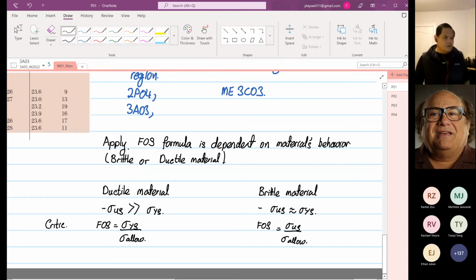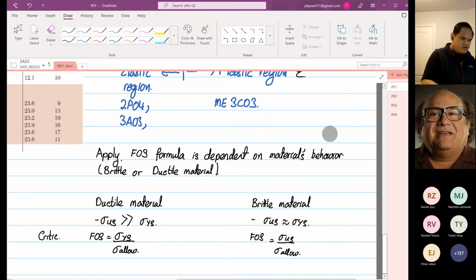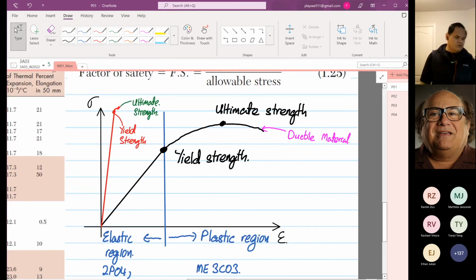Jason, you hit it on the nail. Once I start drawing the stress strain curve, you realize that if we use too low a factor of safety, it means that the material will go into the plastic region, if for the ductile material we use the ultimate strength.